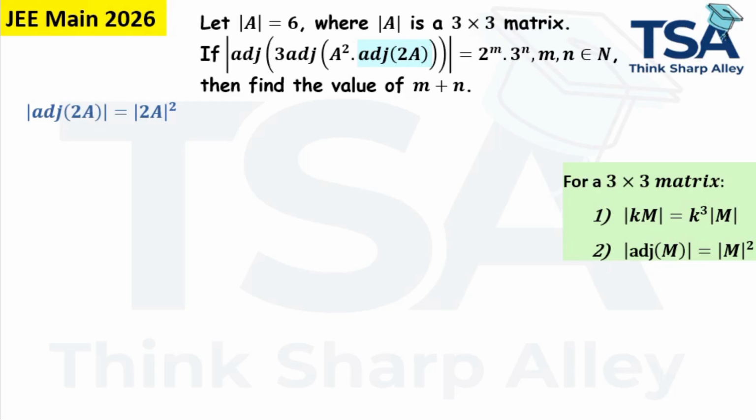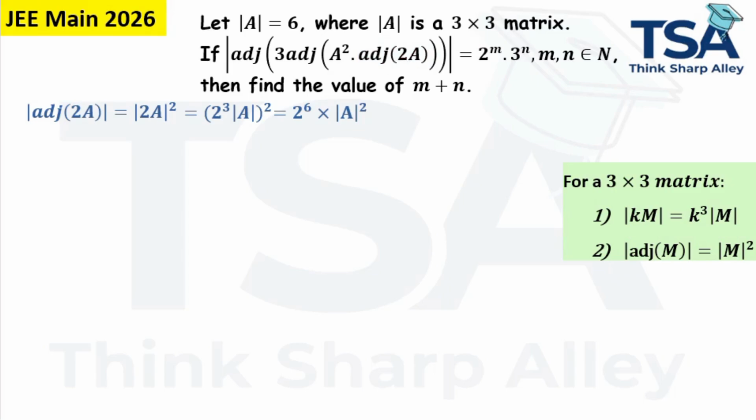But wait, we need to pull that constant 2 out of the determinant. So when a constant comes out of a 3 cross 3 determinant, look at property number 1. It takes the power of the order. So 2 comes out as 2 cubed multiplied by determinant of A. Because the whole thing is squared, we get this, which simplifies to this. Keep this result in your pocket. We will need it in a second.